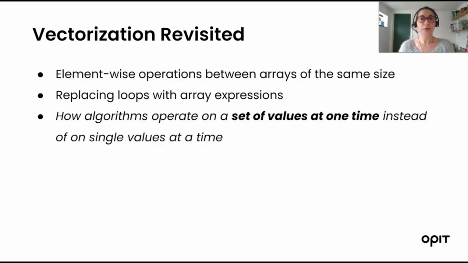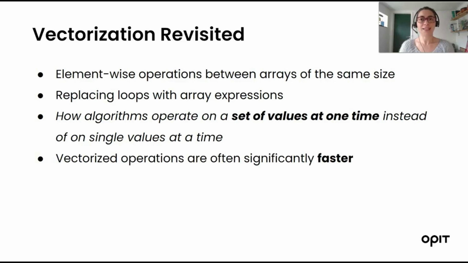In general, vectorization in NumPy refers to how algorithms operate on a set of values at one time instead of on single values at a time. It is a useful and popular practice, as vectorization operations are often significantly faster than their non-vectorized counterparts, especially for large datasets. Let's see how to program using arrays of NumPy and applying the vectorization principle.